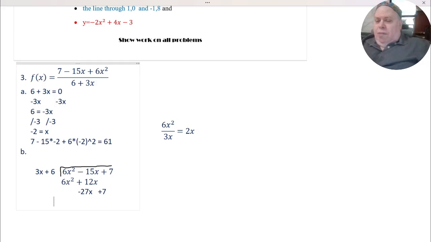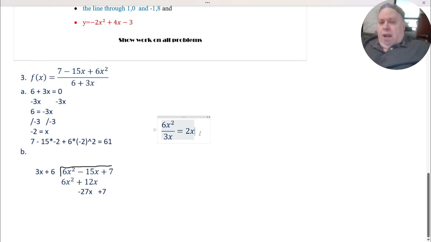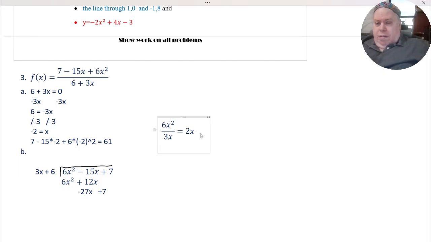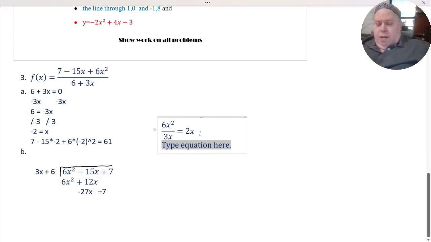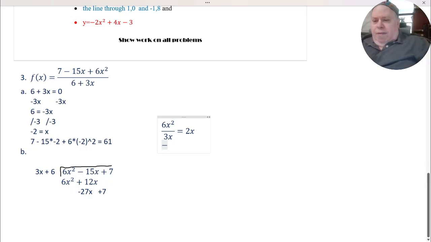Okay, so what's going to happen here is now we'll do negative 27x divided by 3x. So what do we have to multiply 3x by to get negative 27x?